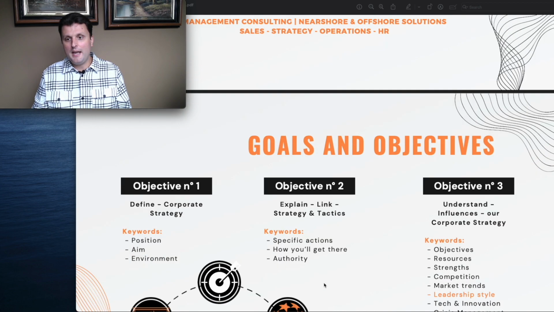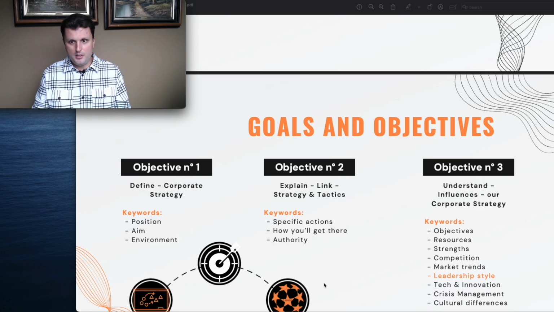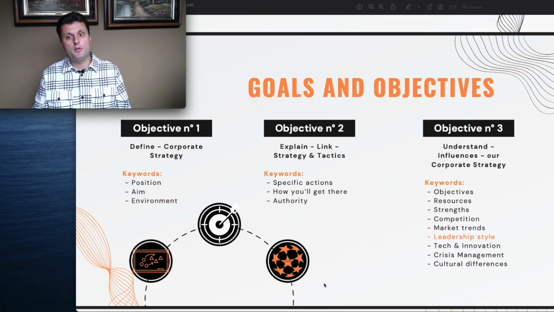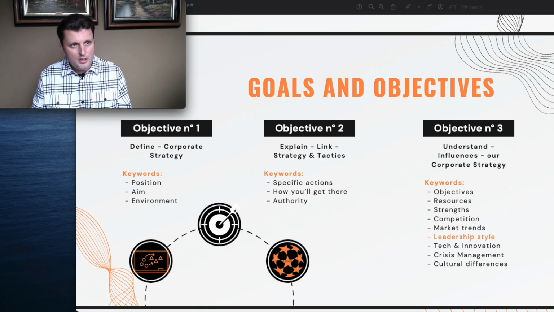Okay, so let's get into it now. What do we understand by corporate strategy? And there are three keywords over here: position, aim, and environment. Now, I like to think that the corporate strategy is an action plan on how you are going to achieve the company objectives, the corporate objectives.